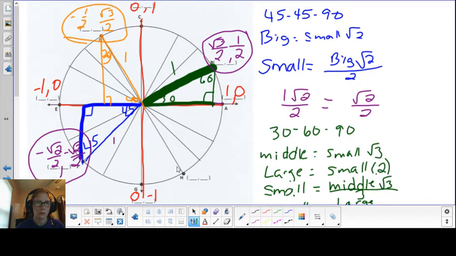Well, let's draw a triangle. Doesn't matter if I draw it there or there.